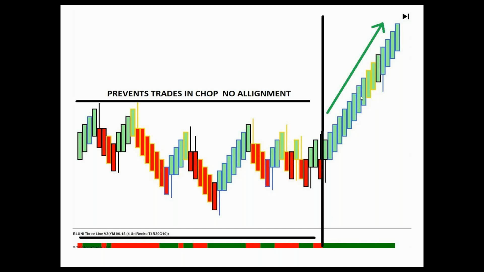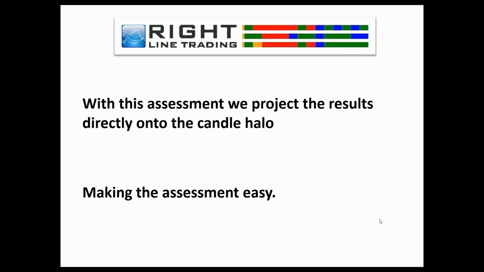So the price is rising because the line is green. The line is not green because price is rising. This line doesn't even look at price on your trading chart. It's looking at the market delta assessments on the two higher time frames.